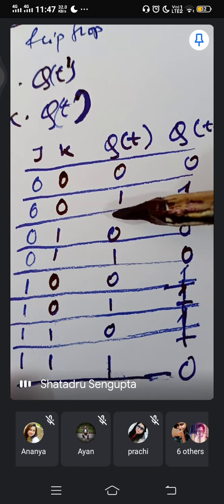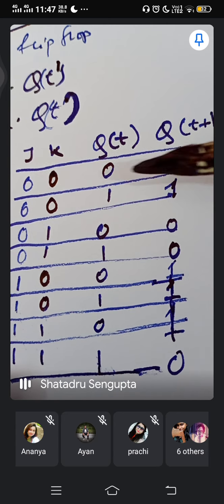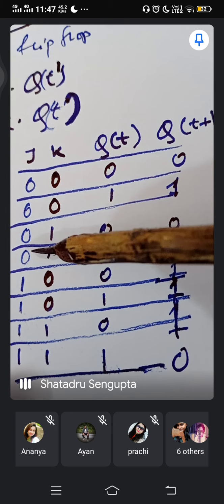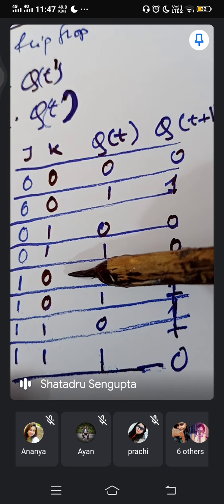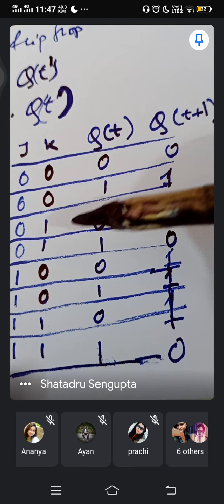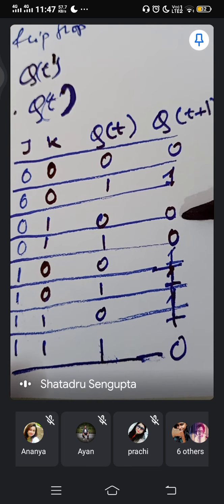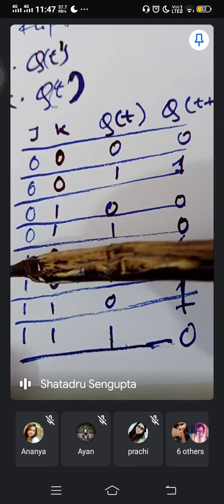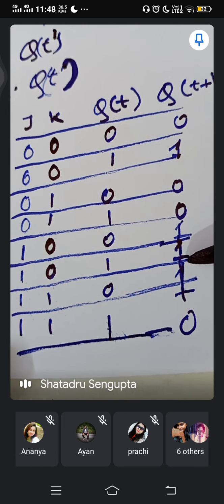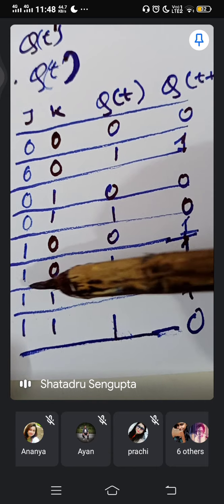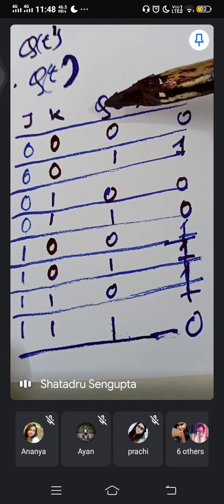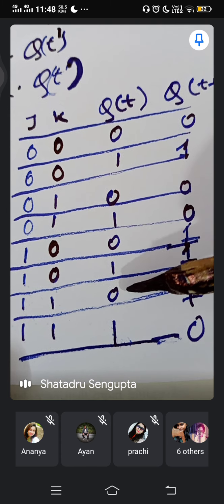So the same thing, 0 0, is a hold position, it's maintained. Then if the reset is on, then reset signal. If the set is on, then set signal. On the other hand, if both the signals are on, then it toggles. How does it toggle?